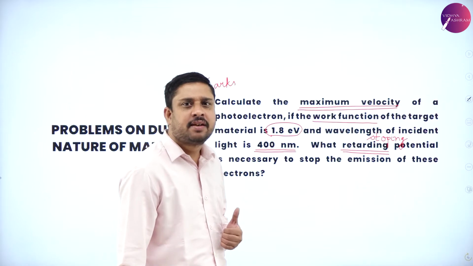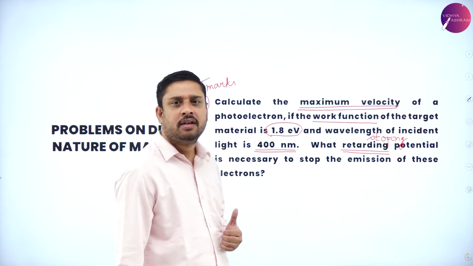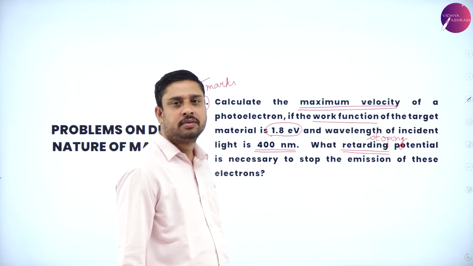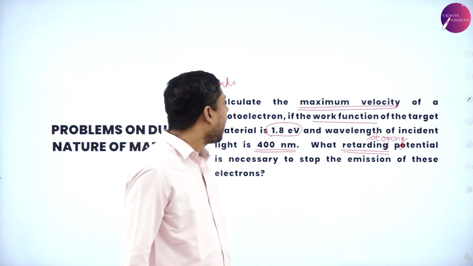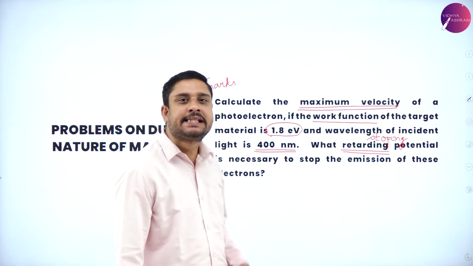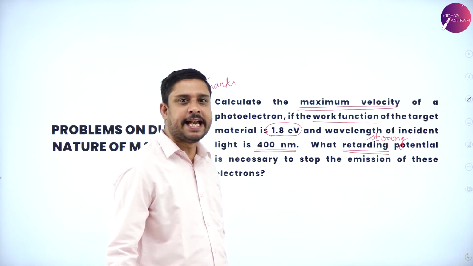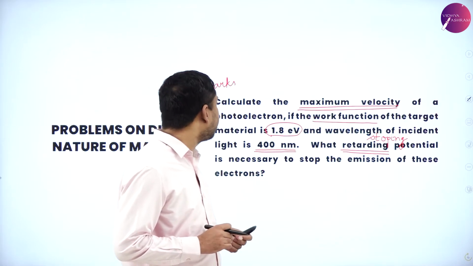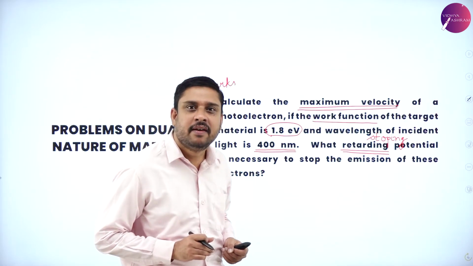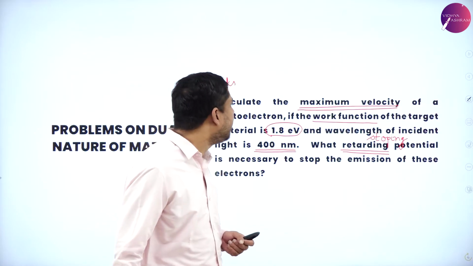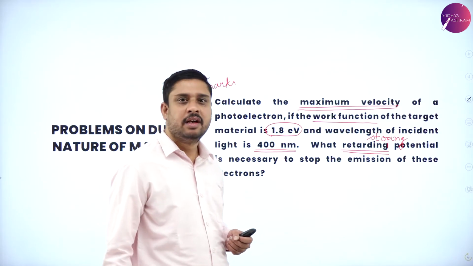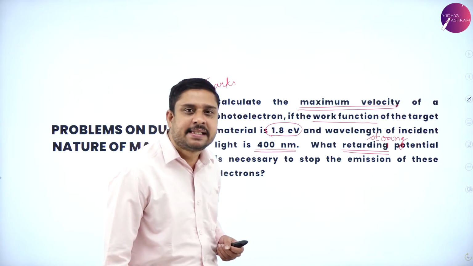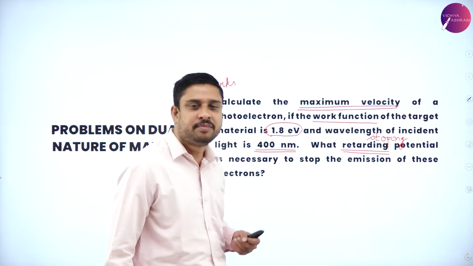Let us first solve the earlier part of this problem, where I am asked to calculate the maximum velocity. Work function of the target material is given. Wavelength of light is given. How do I calculate the maximum velocity?